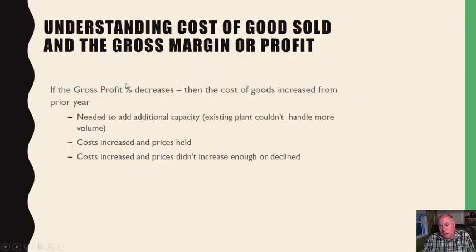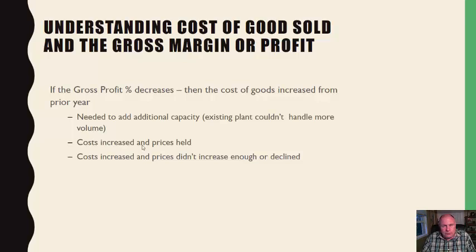But now, if the gross profit decreases, okay, then the cost of goods increased from prior year. That could mean we needed to add additional capacity. The plant couldn't handle it. Costs increased and prices held. Sometimes we'll see in a commodity-based business that costs will come in faster than we're able to pass them on to the customer.